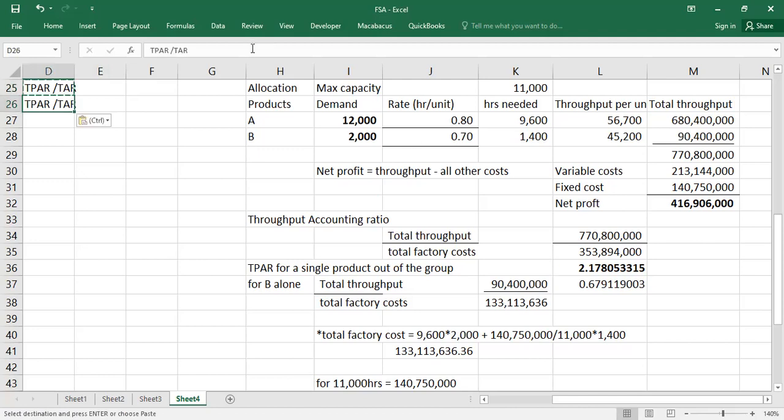Whenever this value is equal to 1, we say that whoever is going to make the decision will be indifferent. You can choose to say that the business is doing well or doing badly, or taking the project or not.